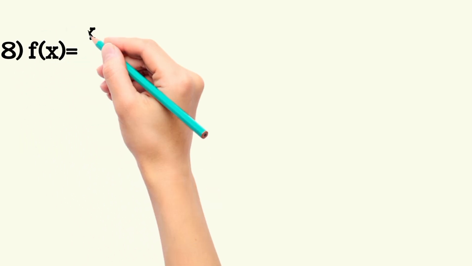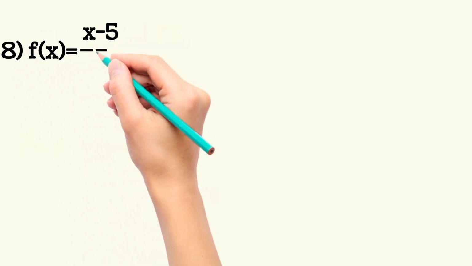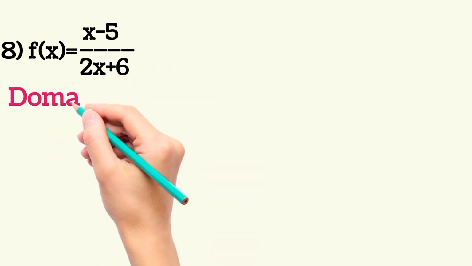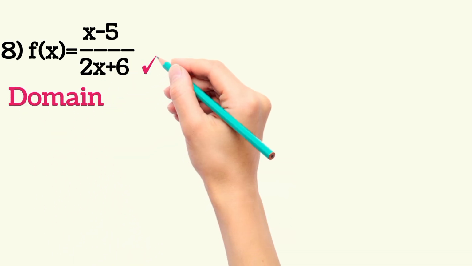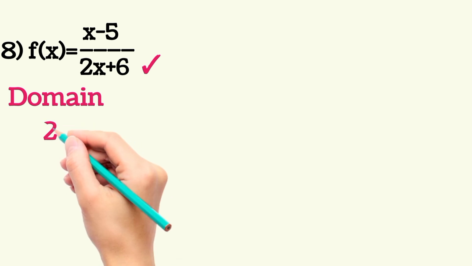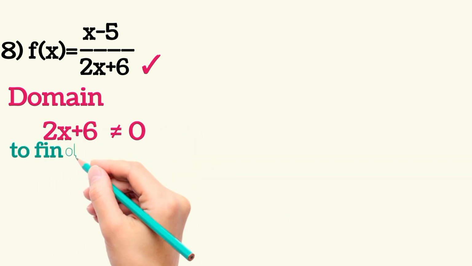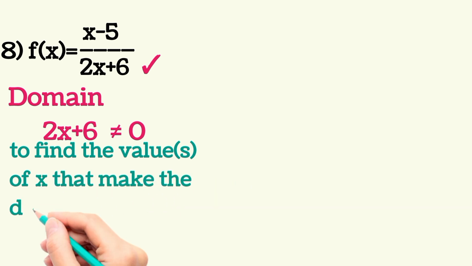Now question number 8 is f(x) = (x - 5) divided by (2x + 6). So for domain, the denominator should not be equal to 0. That is 2x + 6 should not be equal to 0. Now we will find the values that make the denominator 0.